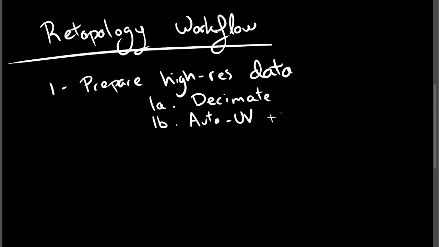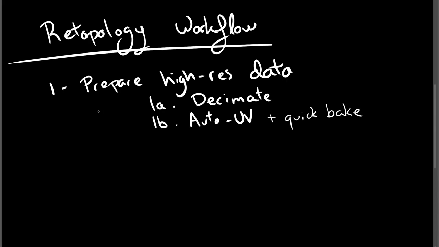So we want to do auto UV plus a quick bake of some textures that will help us when it comes to seeing and perceiving details on the high res. So that's going to help us guide our retopology process afterward. It's not strictly necessary to do that, but I really think that it helps to do a better retopology when we do that. So we'll do that together.